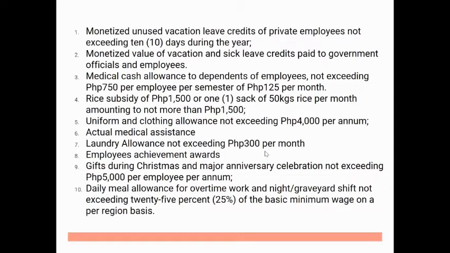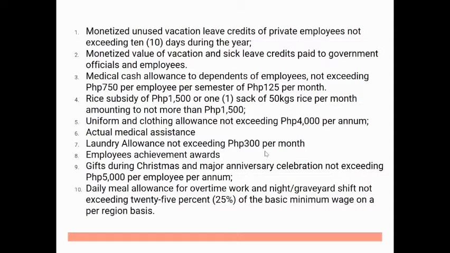Second, monetized value of vacation and sick leave credits paid to government officials and employees. Third, medical cash allowance to dependents of employees not exceeding 750 pesos per employee per semester or 125 per month. Fourth, rice subsidy of 1,500 or one sack of 50 kilograms of rice per month amounting to not more than 1,500.